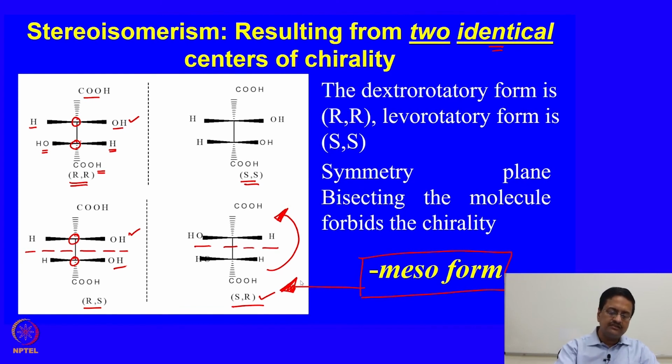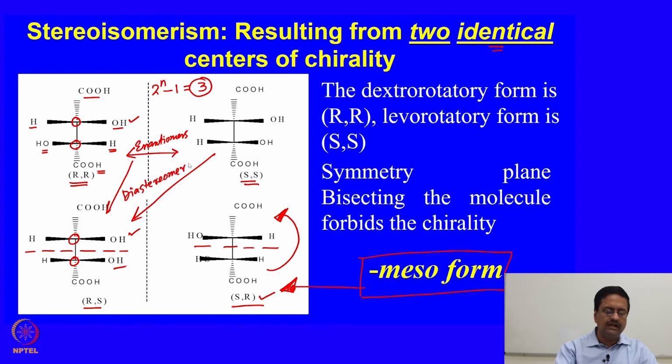So here, instead of having 2 to the power n, we have 2 to the power n minus 1, that is 3 different isomers, where these two are enantiomers and here the relationship is diastereomer.